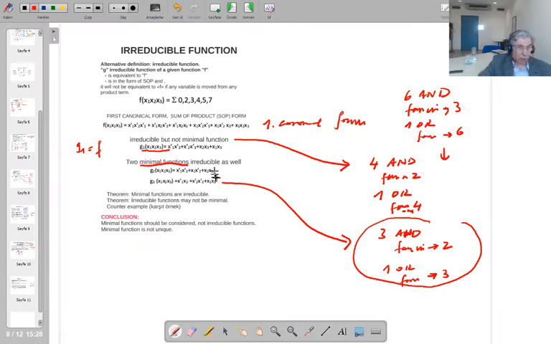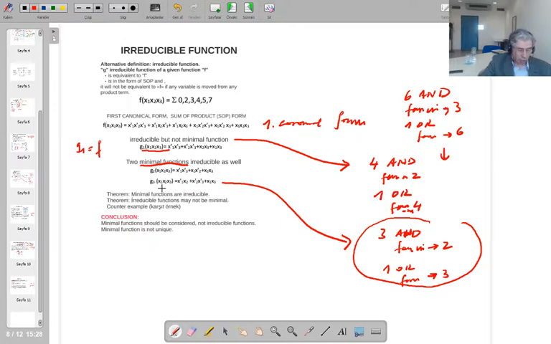It's not minimal within this product term. Therefore, minimal functions are irreducible functions, but the opposite is not true. Just by looking at these two, I can say that in the minimal function we've got a minimal number of product terms. In here we don't have the minimal number of product terms.